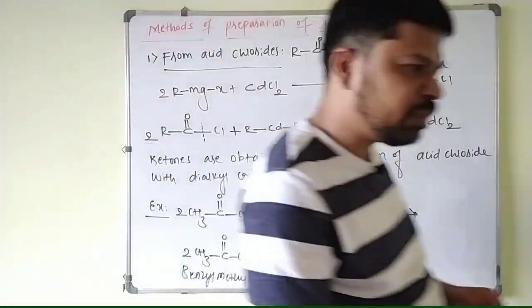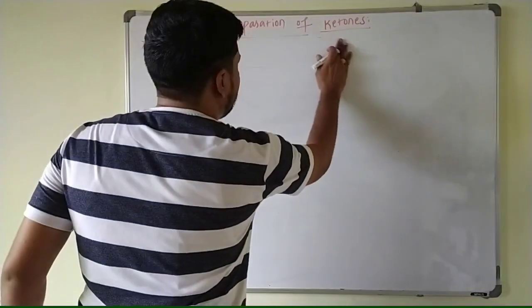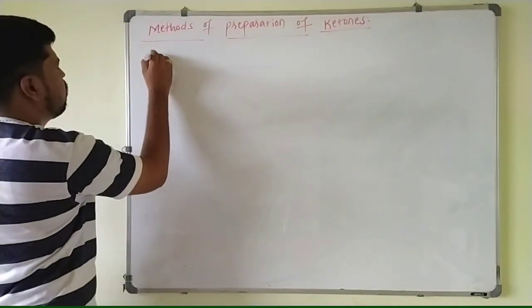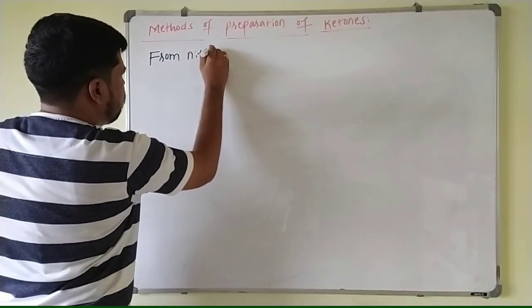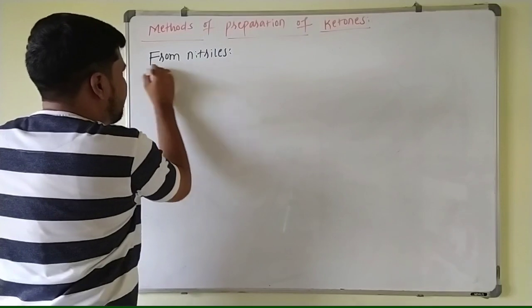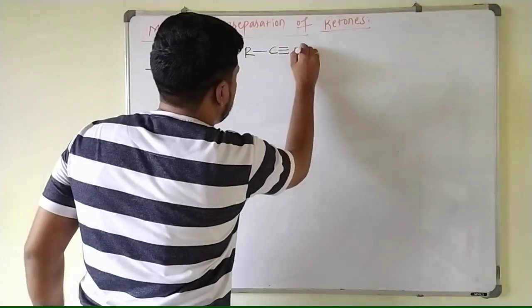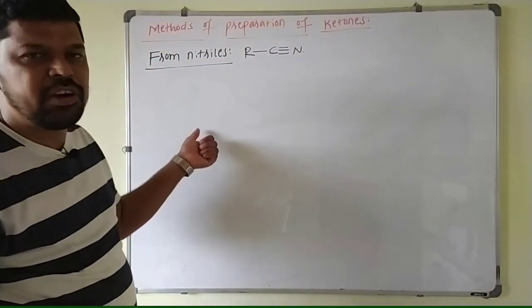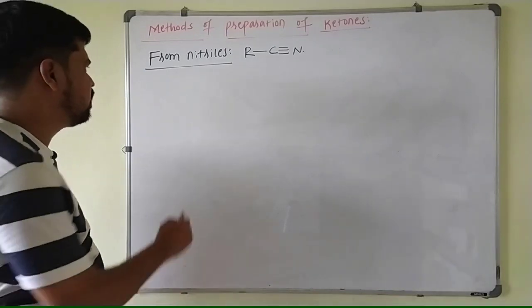Next one. So the next method for the preparation of ketones is from nitriles. Nitriles are nothing but RC triple bond N. These nitriles on treating with Grignard reagent followed by hydrolysis again give ketones.